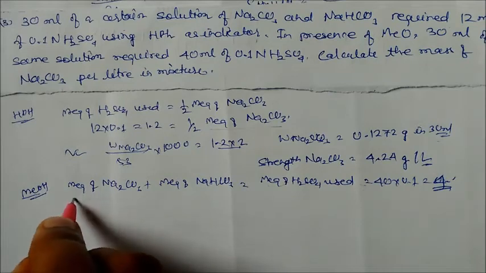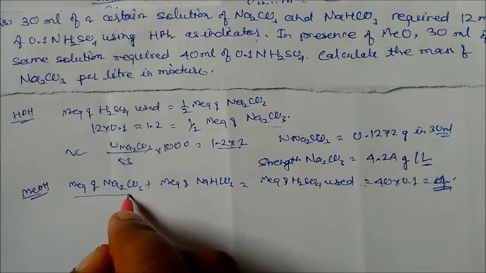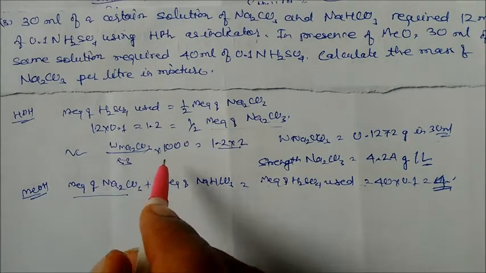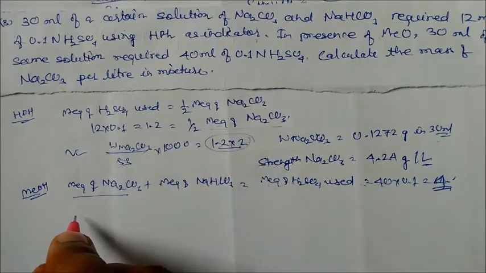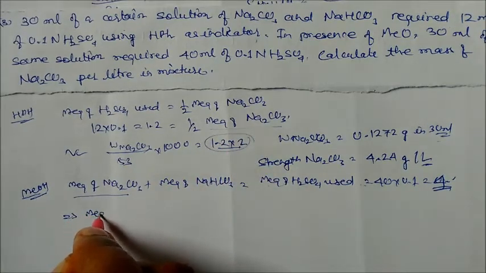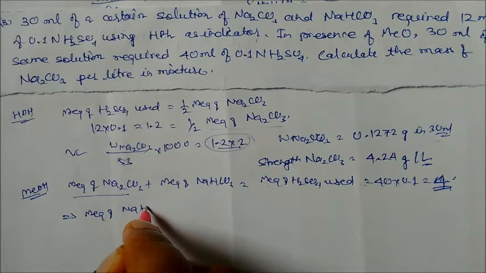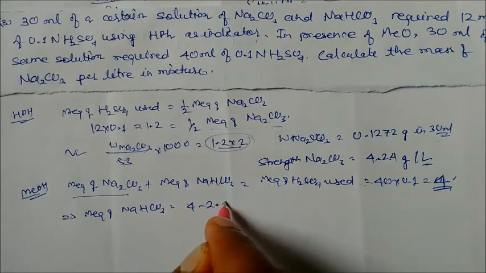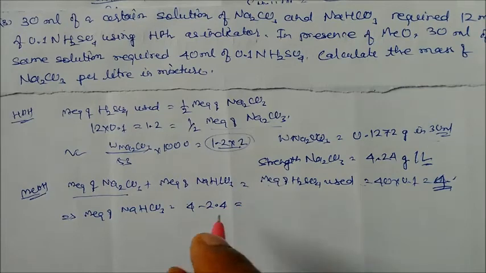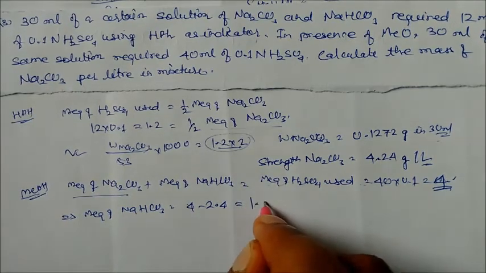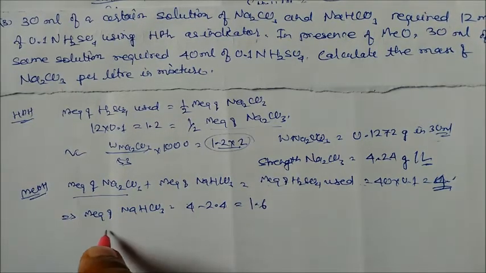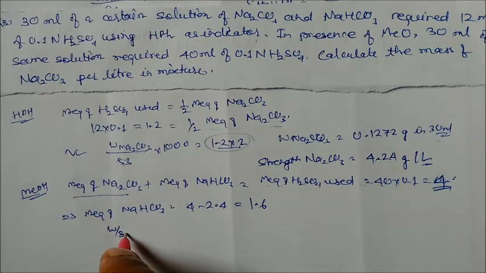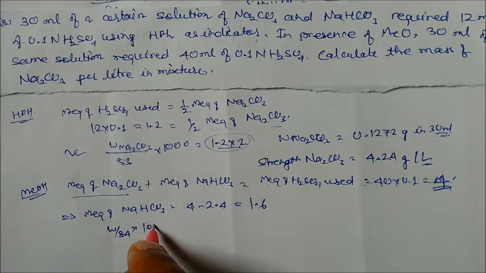So here we know that the milliequivalent of sodium carbonate is 2.4, already given here. So this implies that the milliequivalent of sodium bicarbonate will be 4 minus 2.4, which becomes 1.6.